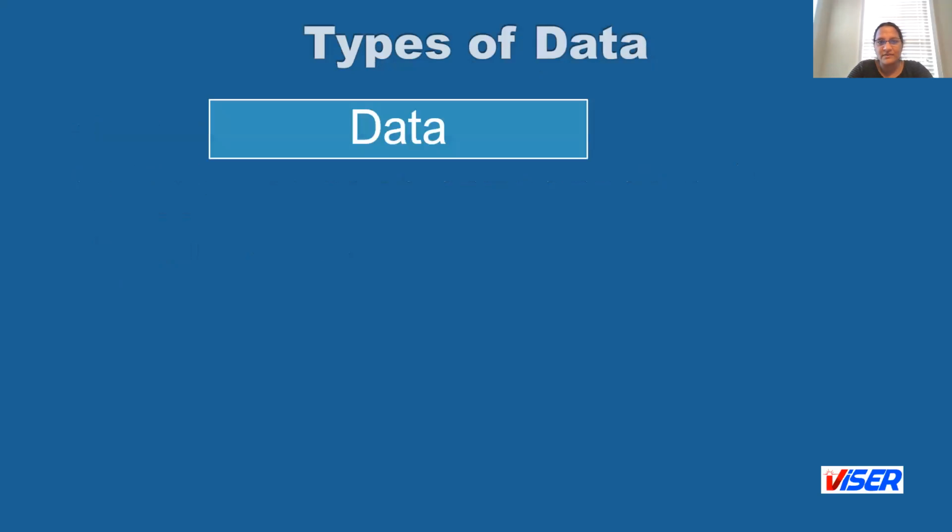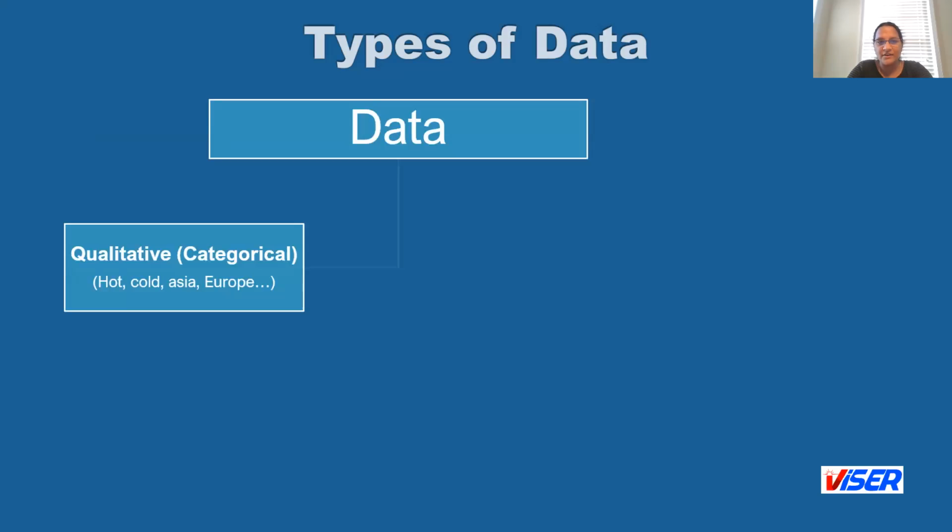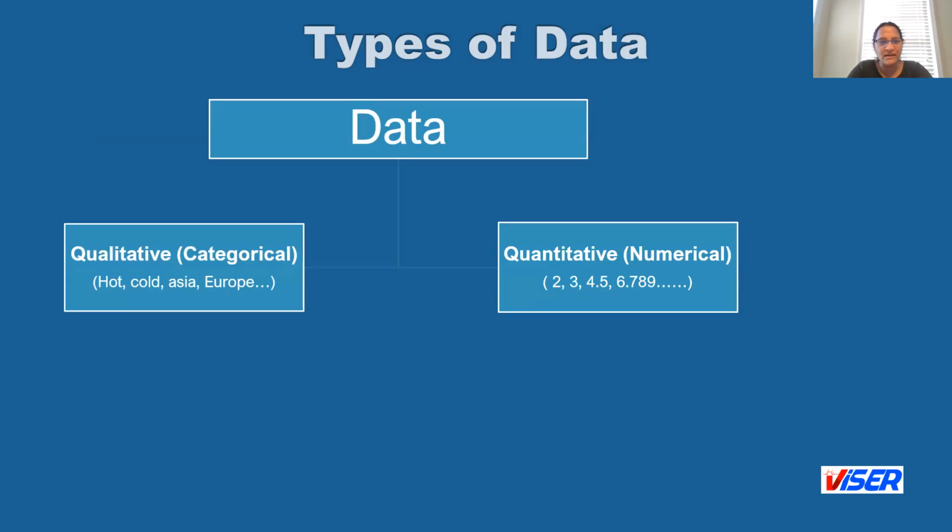Types of data. So this is your data, and there are two main types of data you can call. One is qualitative or categorical, and the other is quantitative or numerical. As you can see, quantitative data is easy to understand because it has to do with numbers.